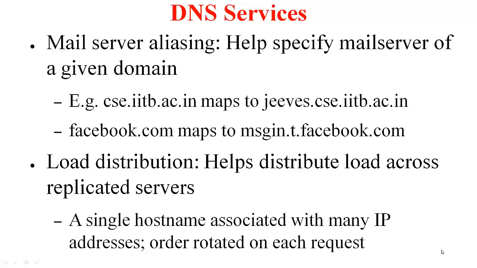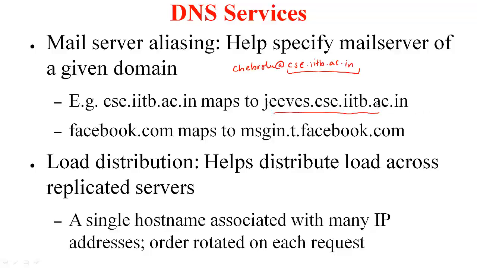Another useful service that DNS provides is mail server aliasing. Basically, it helps you identify the mail server for a given domain. For example, you compose a mail to me, which is chebrolu@csc.iit.b.ac.in. The concerned program will notice that this is my domain and it is going to ask DNS what is the mail server corresponding to this domain, and the DNS will return this particular host name, which is jeeves.csc.iitb.ac.in, which hosts the mail server.